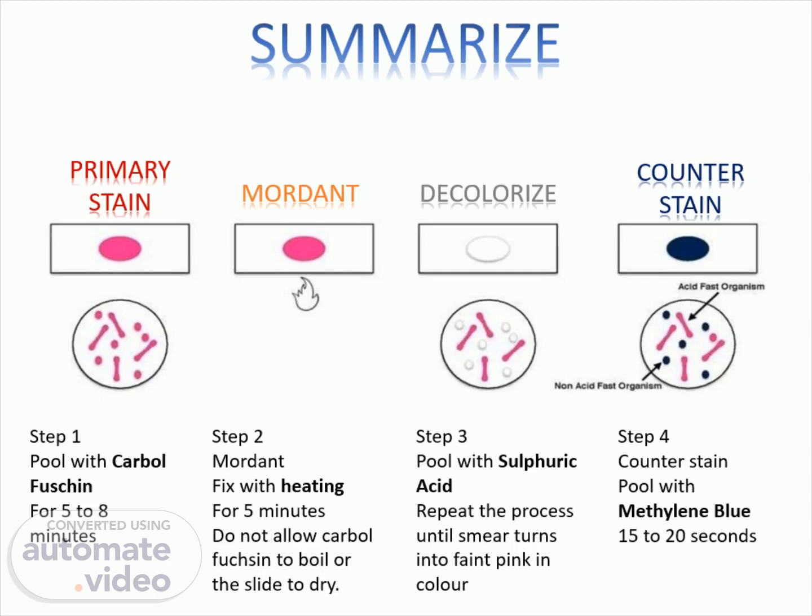Step 3, decolorize: pool with sulfuric acid. Repeat the process until the smear turns faint pink in color. Step 4, counterstain: pool with methylene blue for 15 to 20 seconds. Finally, air dry and observe under oil immersion, 100x magnification.